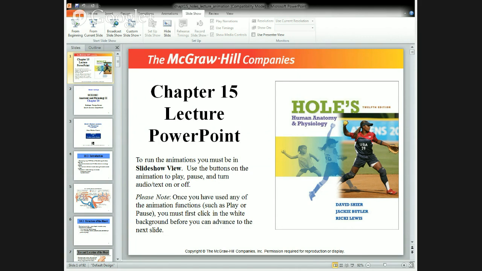And it shows you that the tricuspid valve and the mitral valve open first, and blood comes in to the right and left ventricles, and then the pulmonary valves are closed while that's happening.